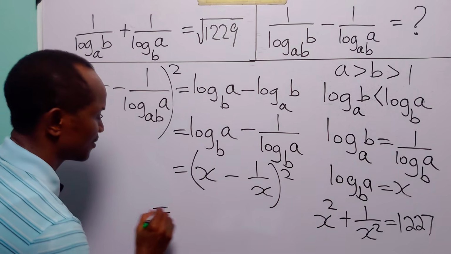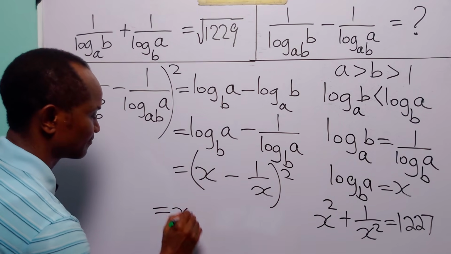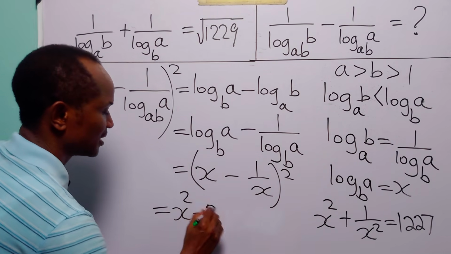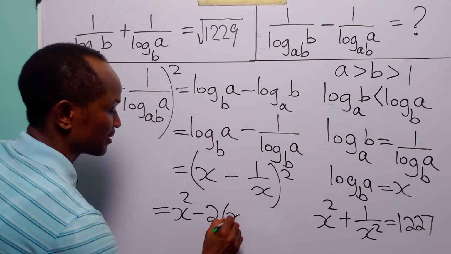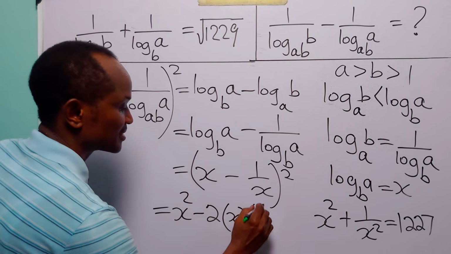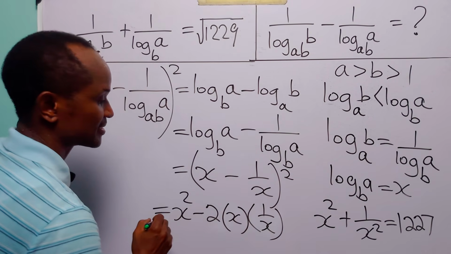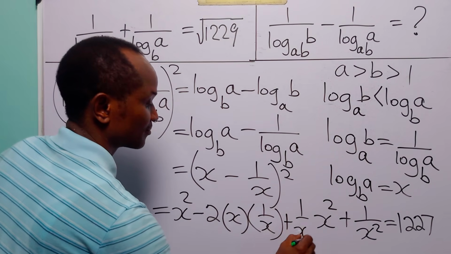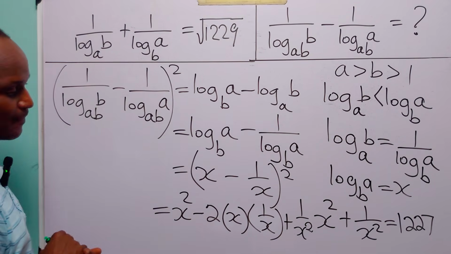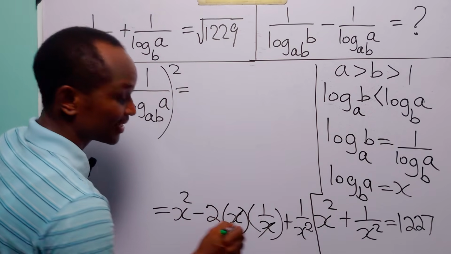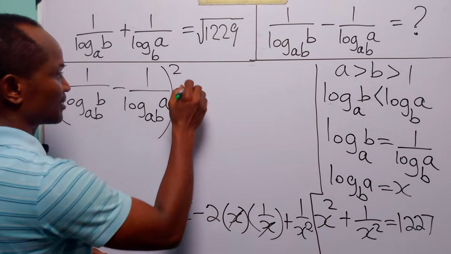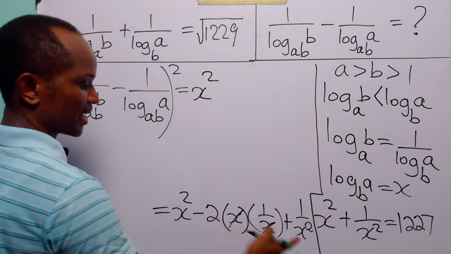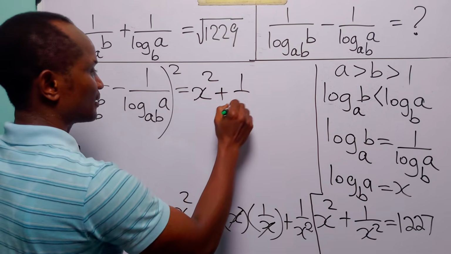When we do that, we have x squared minus 2 times x times 1 over x plus 1 over x squared.